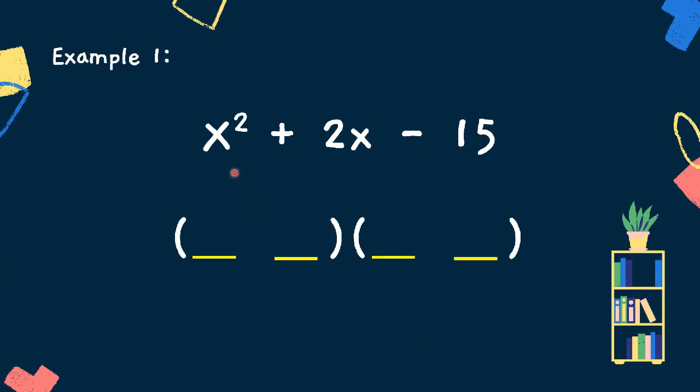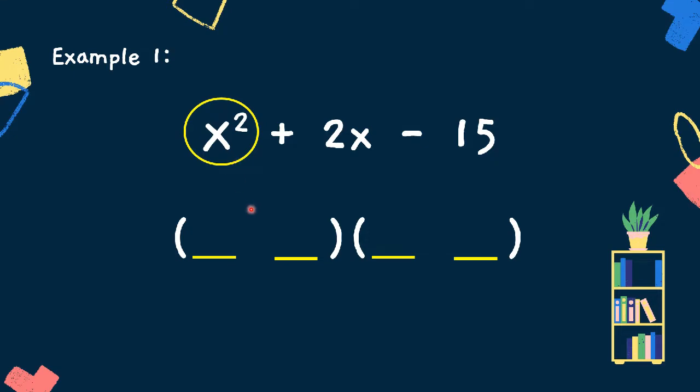This time, we will try to find the factors of x squared plus 2x minus 15. If we have a quadratic polynomial with 2 as the highest exponent, the factors are written in this format. There are two factors of our given polynomial. The first step is to look at your first term, which is x squared.